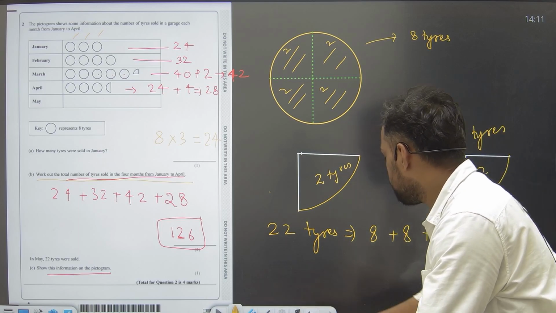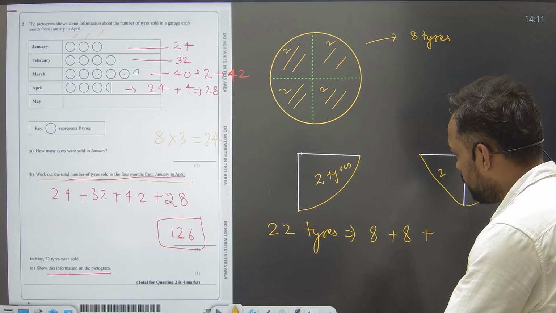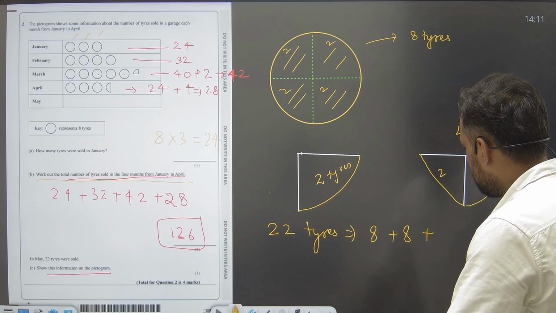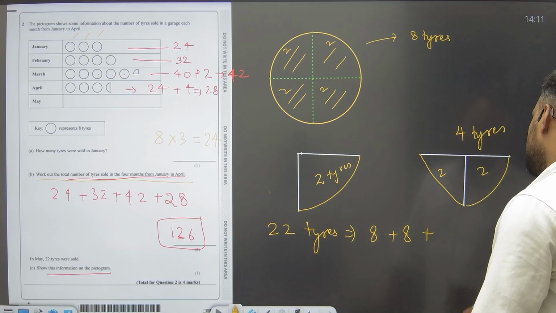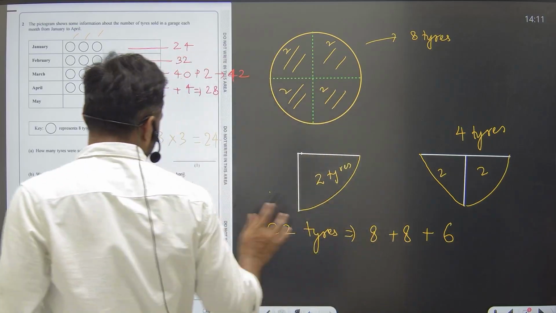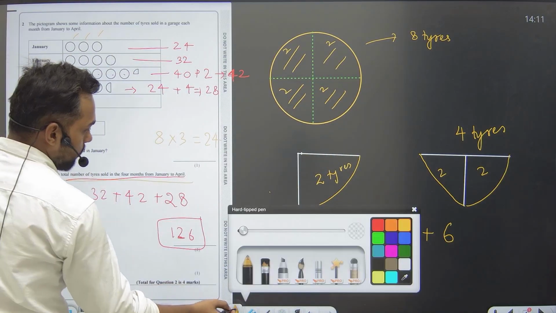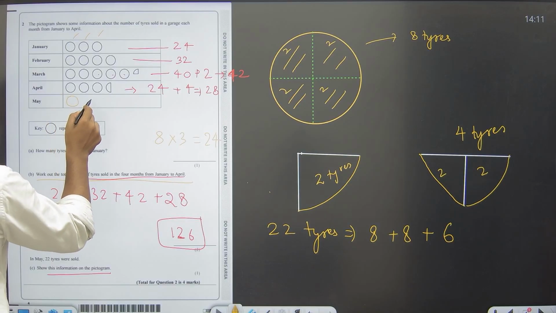Now for the remaining part, we need to see how much it is. Six is the remaining part, student. For 8 tires we need to make one circle.